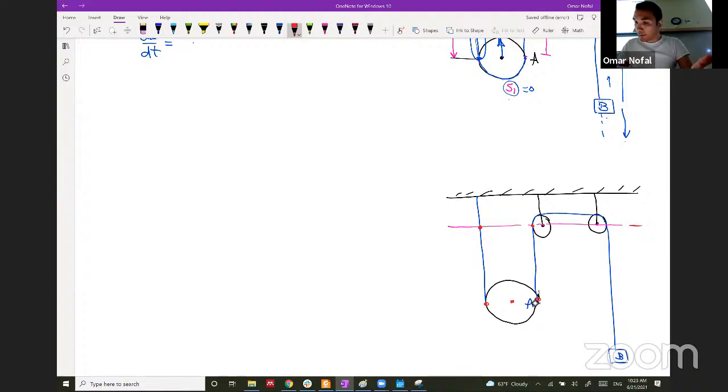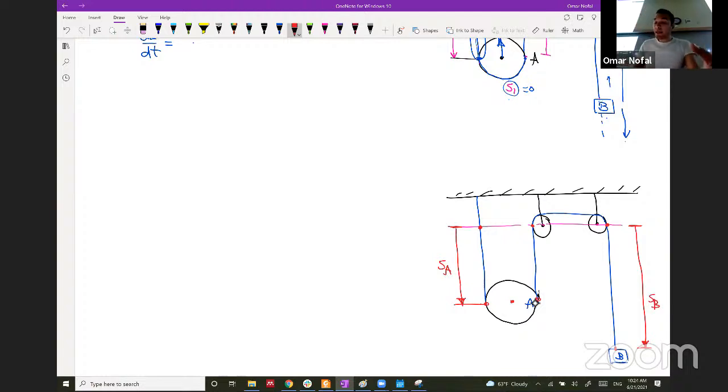And also this one will change from here up to here, depending on the location of these. So these are the variable lengths, and let's call them like this: this one will be SA, measured from the fixed axis, and this we will call SB.